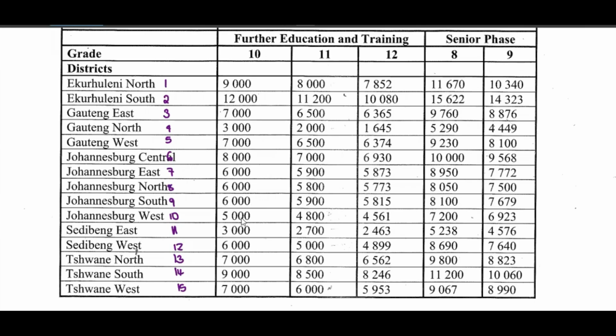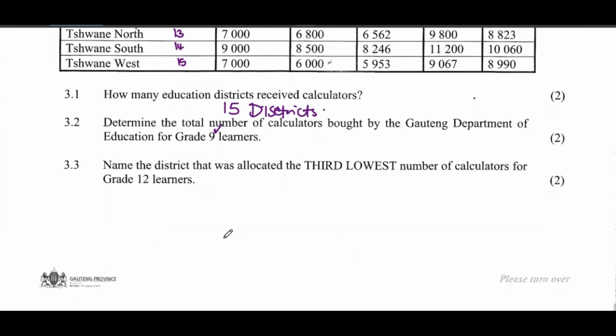All right. Then when we add, we shall add all these numbers. You see grade 9 here because it represents all Gauteng Department of Education. We are looking at the numbers of calculators that were given to grade 9. So we add all those values, determine the total number of calculators bought by the Gauteng Department of Education for grade 9.